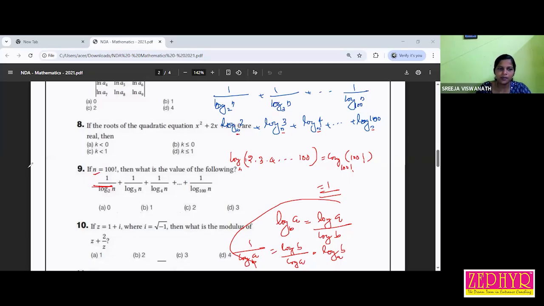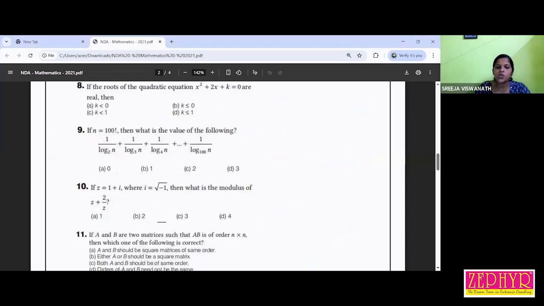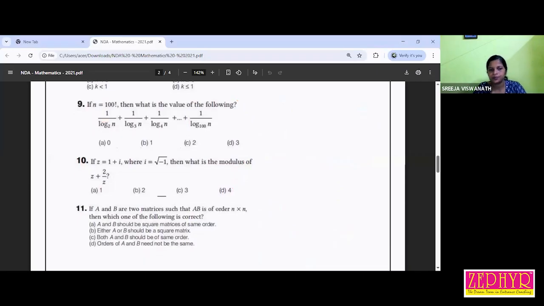Now the next question. If z is equal to 1 plus i, then what is the modulus of z plus 2 by z? Here z equal to 1 plus i. So mod z is what?